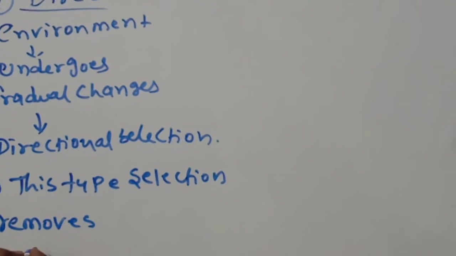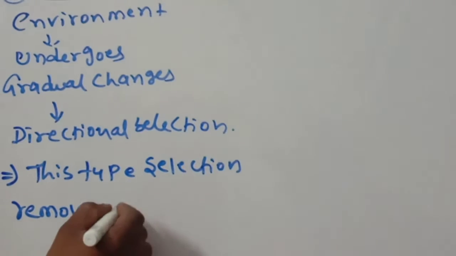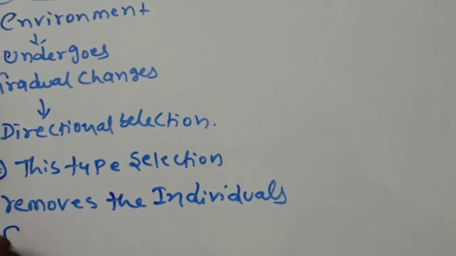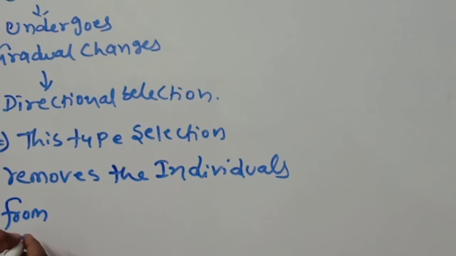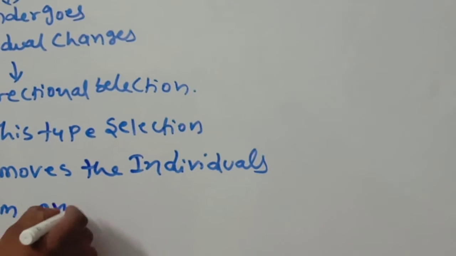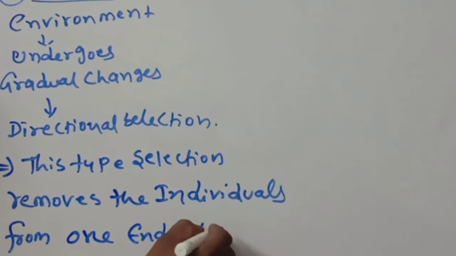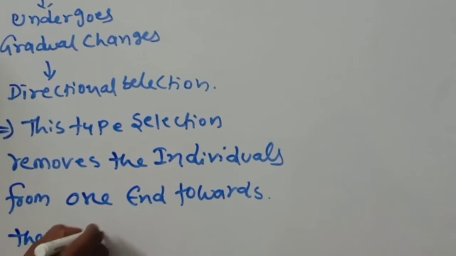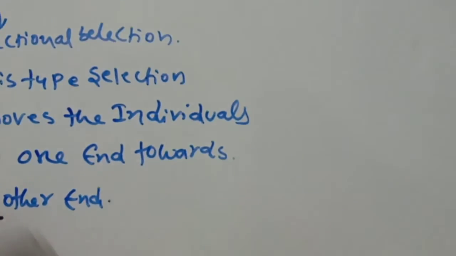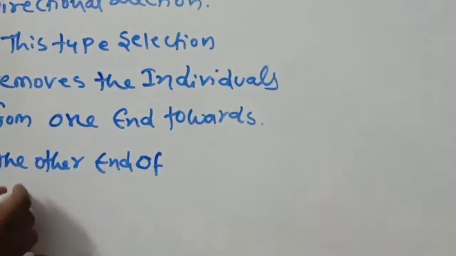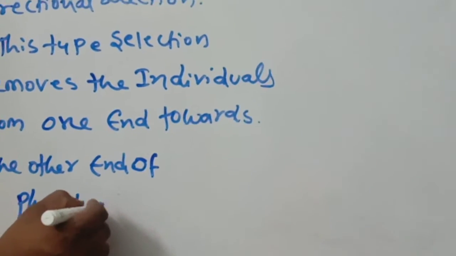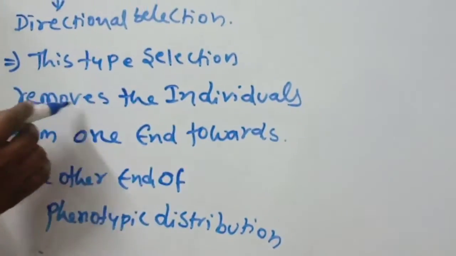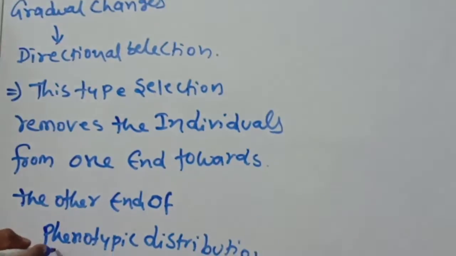This type of selection removes the individuals from one end towards the other end of the phenotypic distribution. This point you should remember. What is mentioned? That it removes the individuals from one end towards the other end.